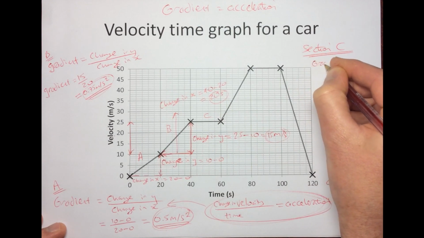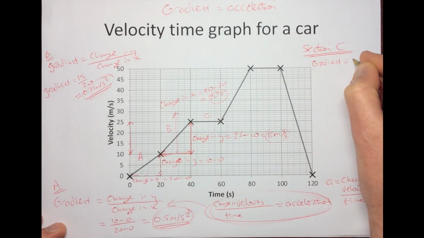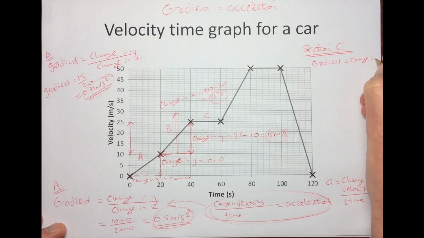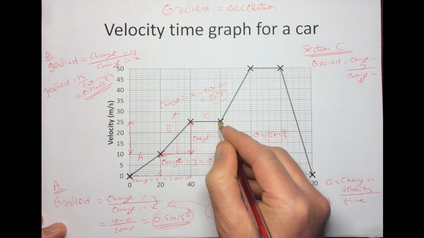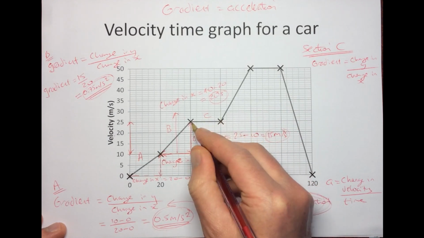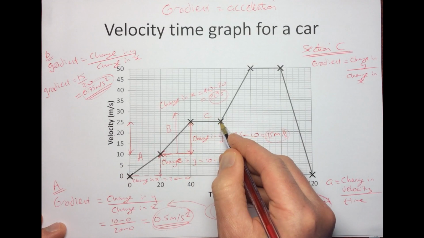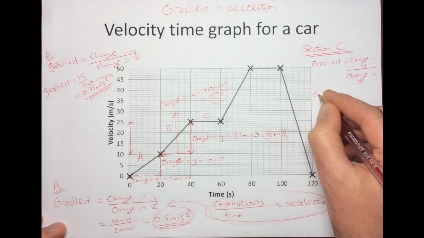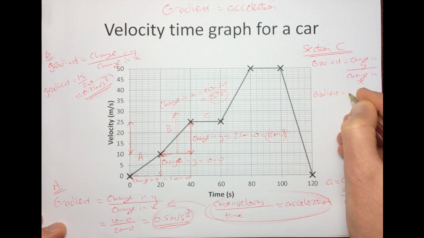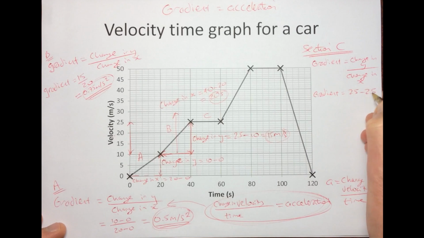so the gradient again is equal to change in y divided by change in x. Okay, now for section C here, you start off at 25 meters per second and you end at 25 meters per second. So your change in y here is equal to 25 take away 25.